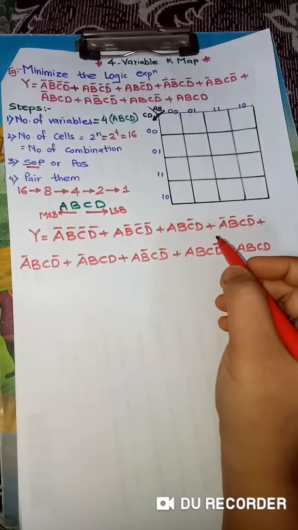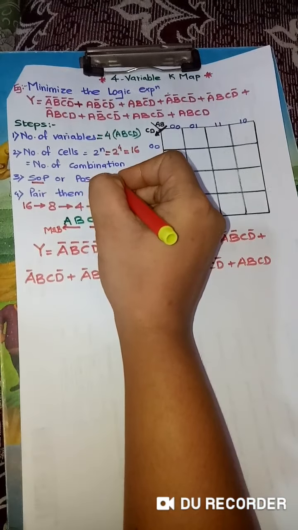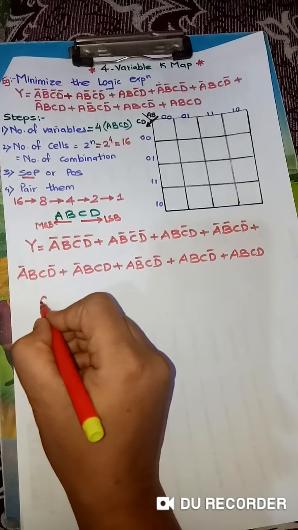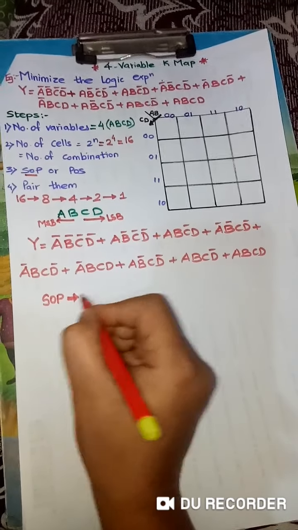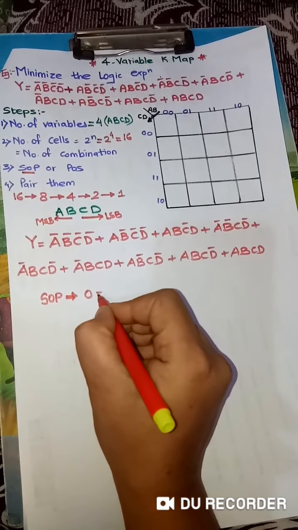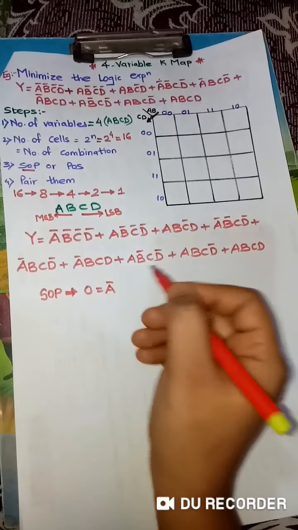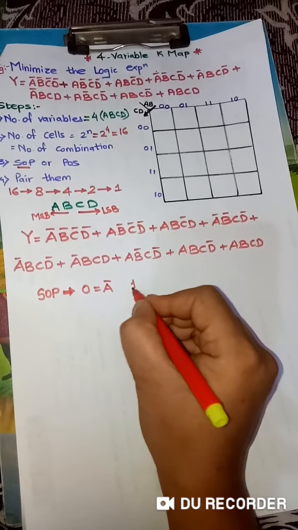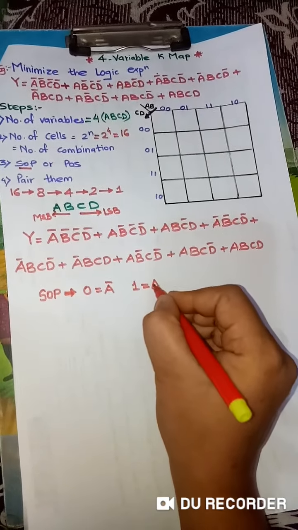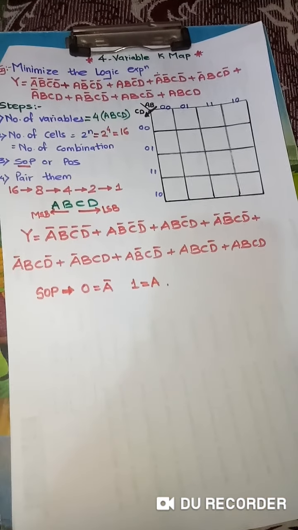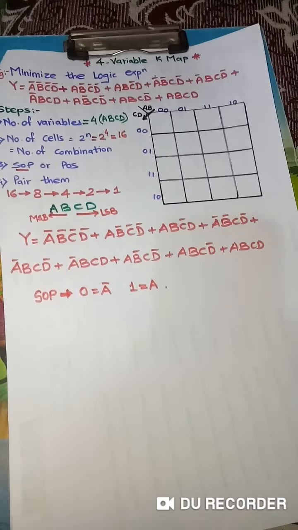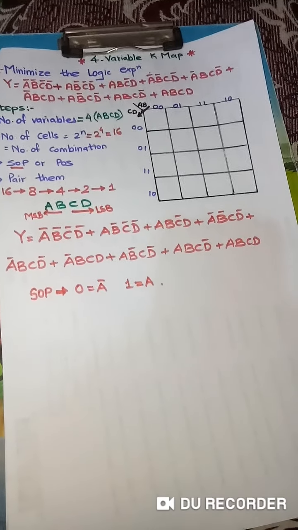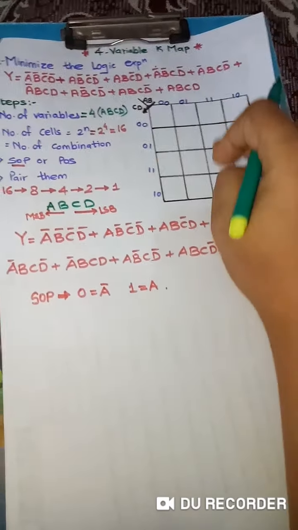For SOP form we use the notation that if the value is 0 we write it as A bar, and if it is 1 we write it as A. So we will make the notations in the K-map given here.